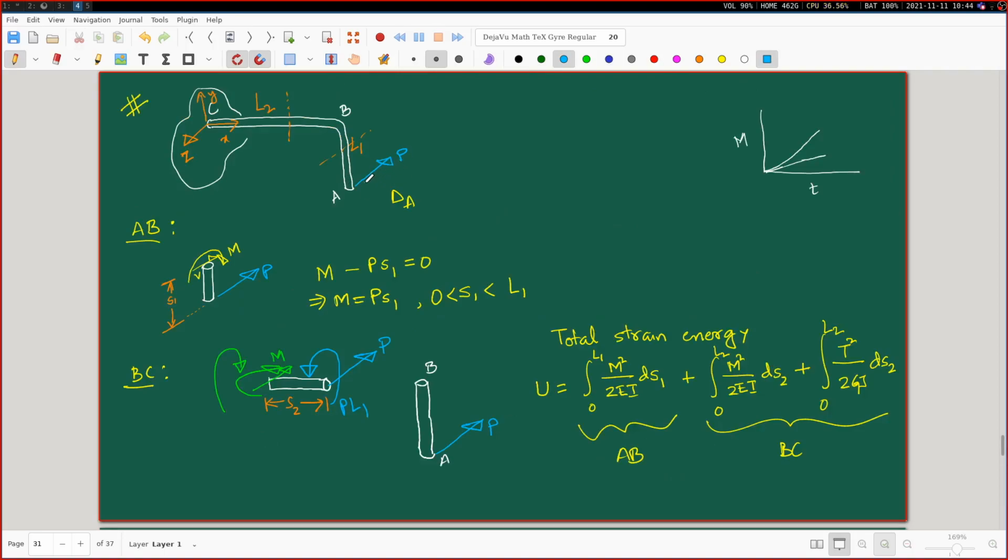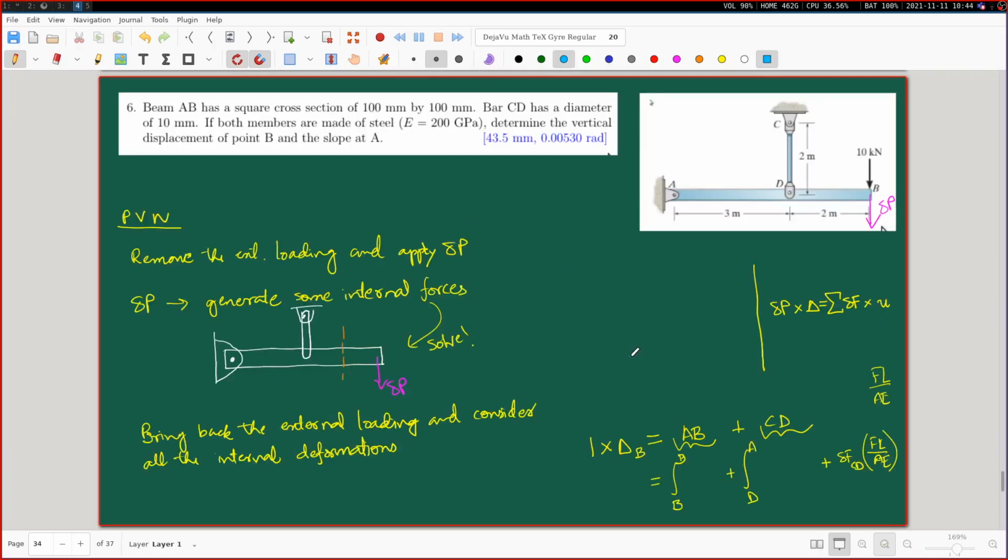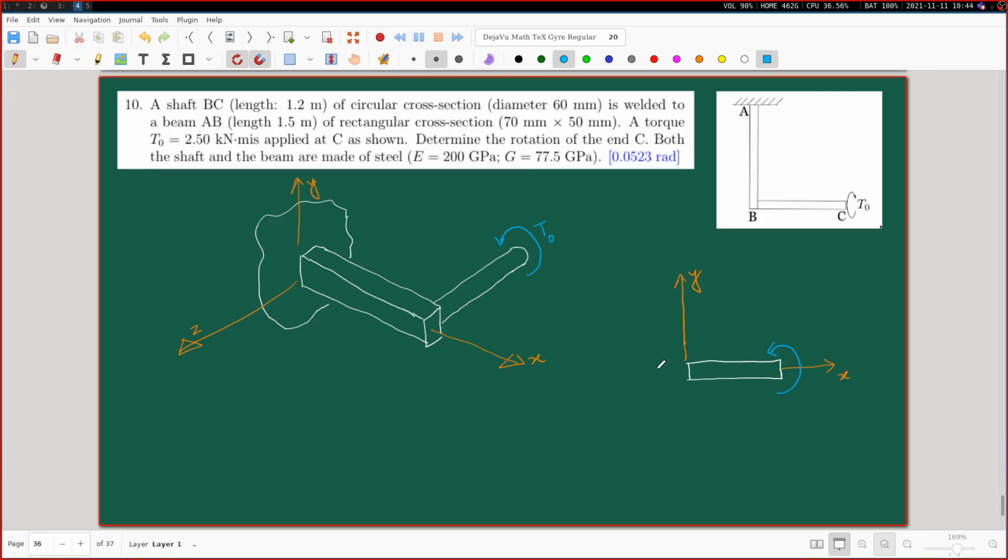It created a bending in this segment AB, and it created some torsion in this segment BC in addition to the bending moment. So in that exact same spirit, I wanted to discuss another situation where the driver of the overall deformation is not just a force, rather a torque. So you can see the effect on the various parts.